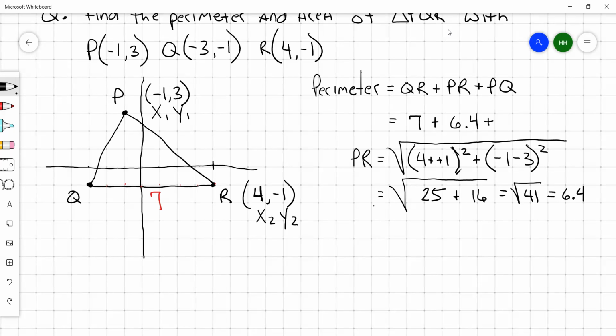Now you need to find P to Q. Here's Q, negative 3, negative 1.